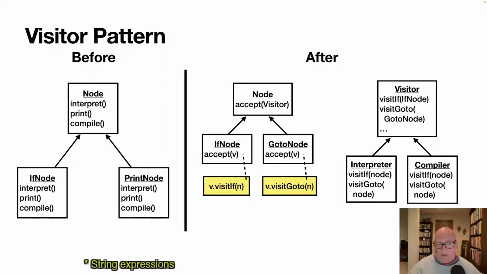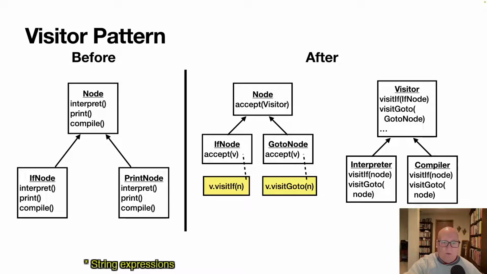The visitor pattern is a way of pulling out those various functions and making them on a separate visitor class. So the change is going to be instead of your nodes having all those functions on them, they have just one function that says accept visitor, and each node knows to visit that node's type.